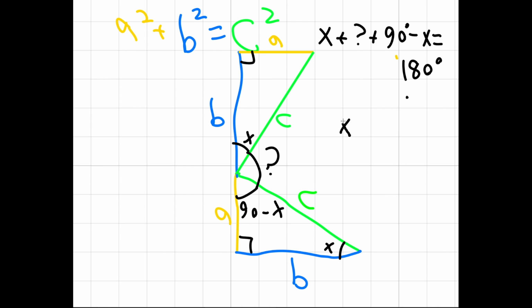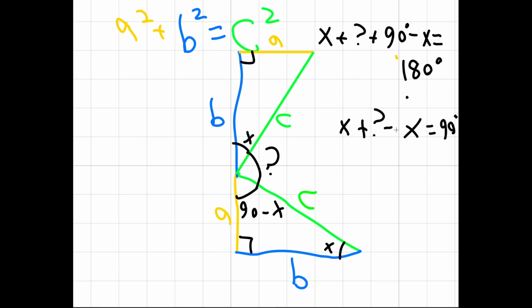Then you get x plus question mark minus x is equal to 90.